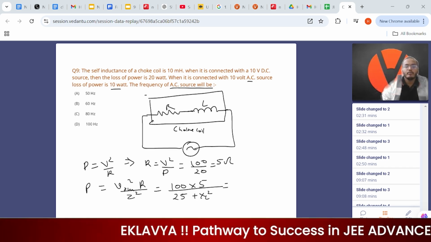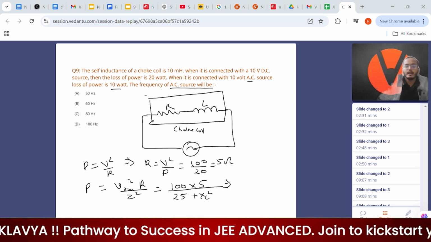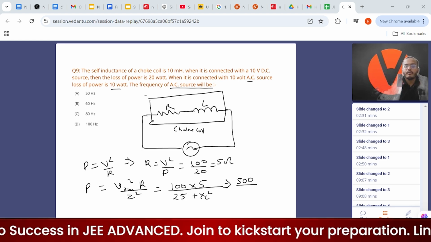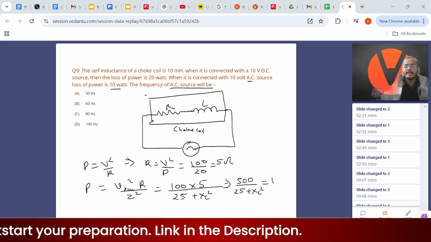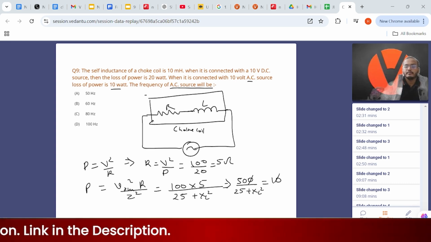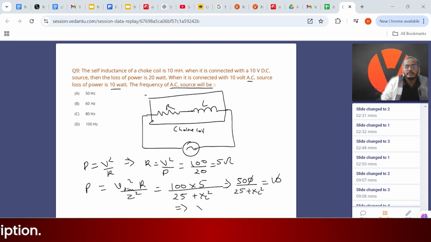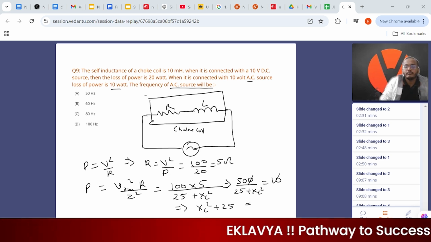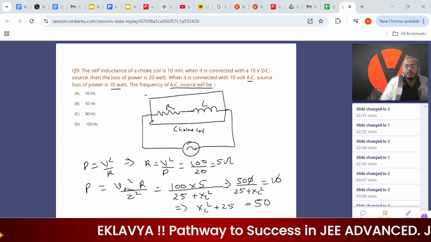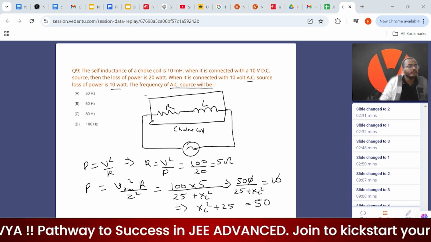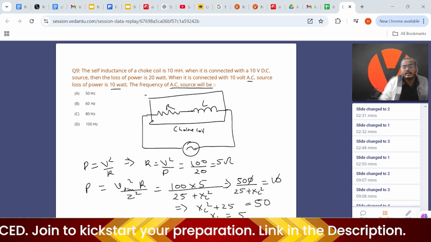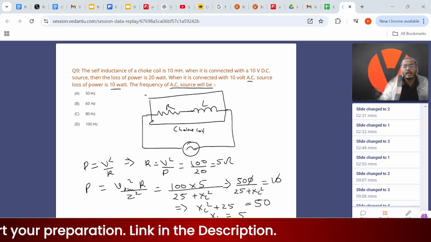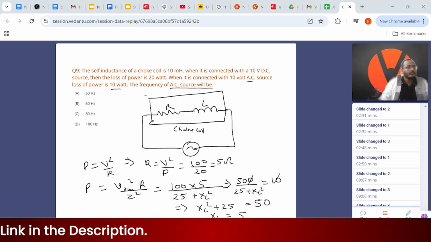So from here, I can see that 500 divided by 25 plus XL squared will be equal to 10. So XL squared plus 25 will be equal to 50. So from here, I can calculate that XL is equal to 5 ohm, right?